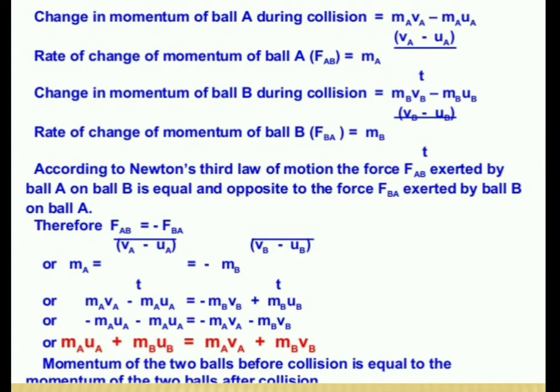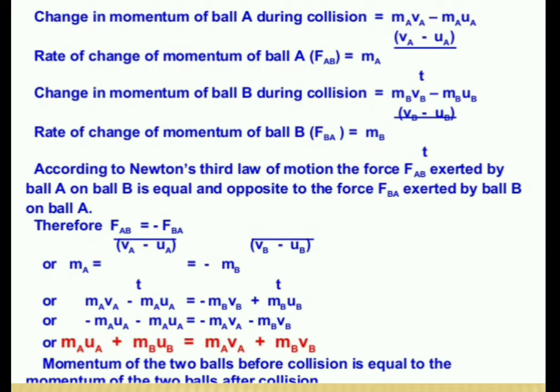Here the T's are cancelled out, and now we can write MA VA minus MA UA is equal to minus MB VB plus MB UB.